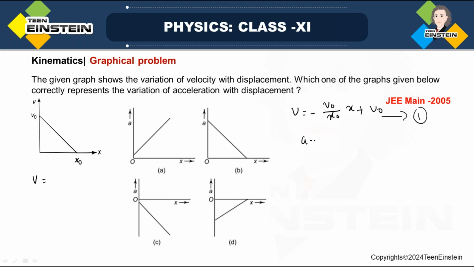See, we had got a is equal to v dv dx. So here I have two things. You can see that I have velocity and displacement, both in terms of variable.